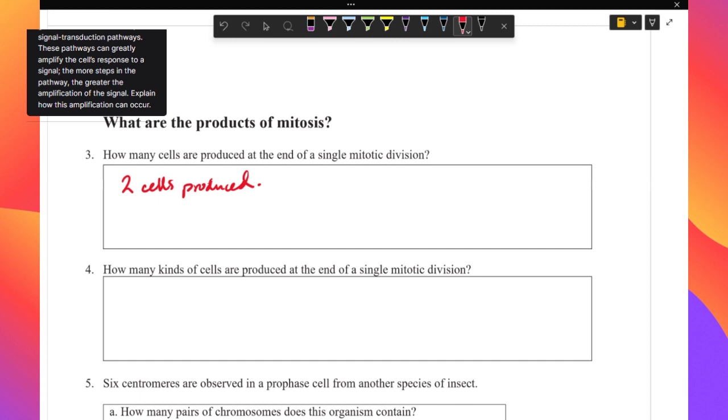Remember, this is identical to the parent cell, so we get only one type of cell. The two daughter cells are produced, but they are identical to each other and to the parent cell that gave rise to them. Remember that parent cell no longer exists, right? We began with only one. Two is what we then become.